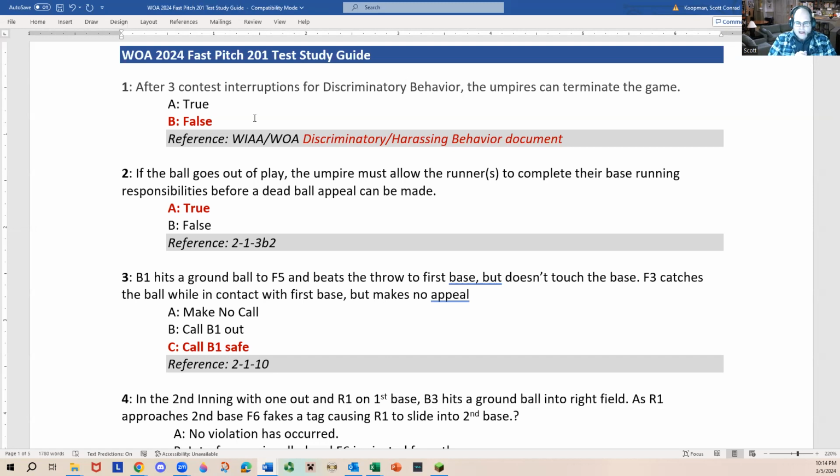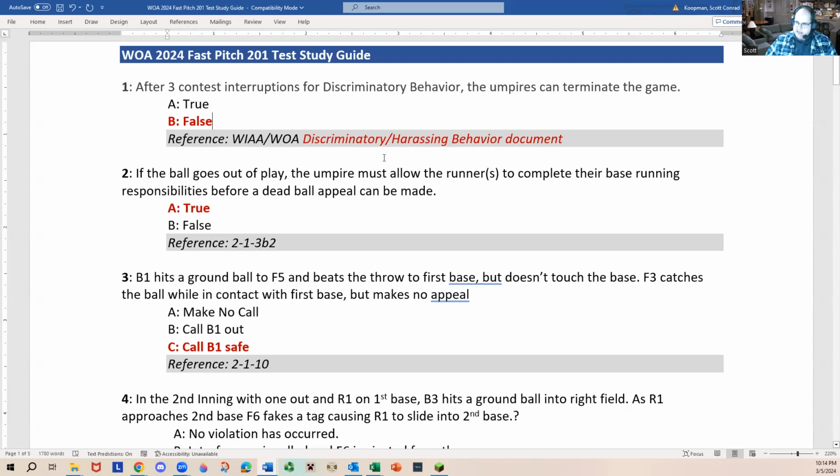I didn't find anywhere on there that the umpires or the officials have the ability after 3 interruptions to call the game. However, game management can call the game if they can't get it under control.